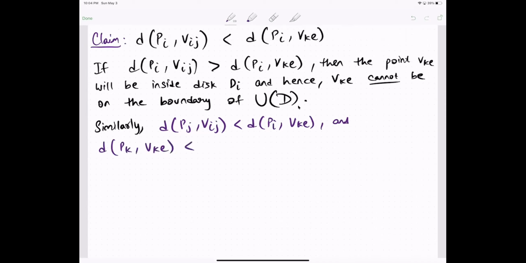Pk will be closer to Vkl. All of this follows from similar arguments, so I'll just not write it. Again for Pl as well.